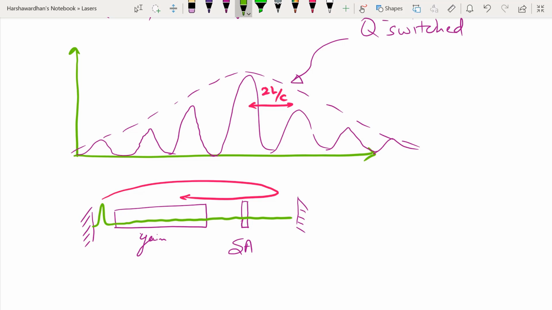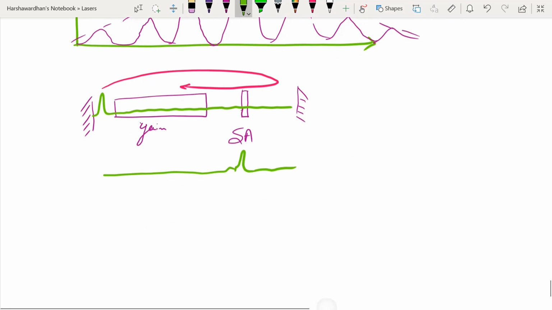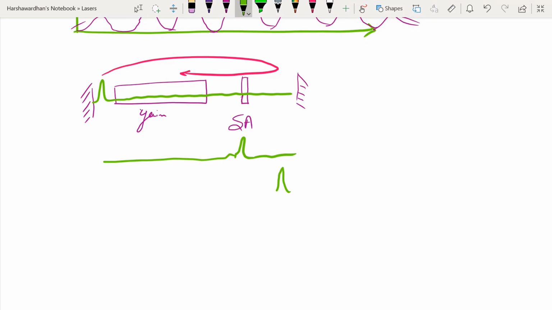As this pulse travels through this medium, when it reaches this location, for example, it saturates the saturable absorber, making the whole medium transparent. Then when this pulse reaches the edge of the cavity, part of it comes out, and the rest of the pulse begins its journey backwards. So this single pulse is going around, and hence the periodicity between these pulses that we get at the output.